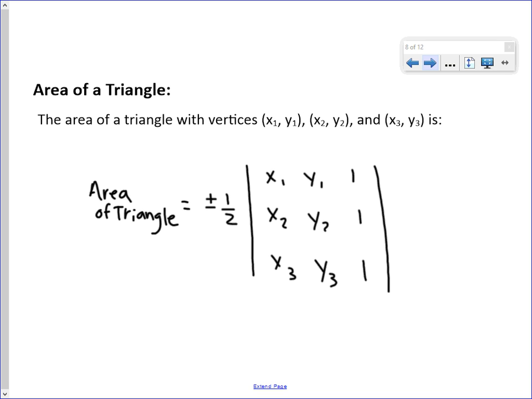I'd have to double check. But we're not going to take the time to prove it. We're just going to say, okay, we accept it. But if you were interested, you could look at that. And so you're just going to do the determinant for that set of 3 by 3 matrix, multiply whatever your result is by plus or minus 1/2 to get you a positive number, and that's your area in square units.